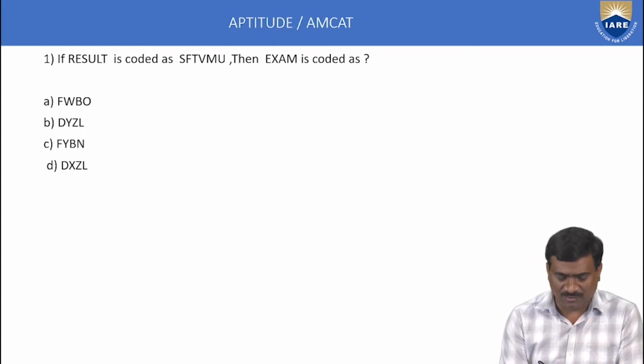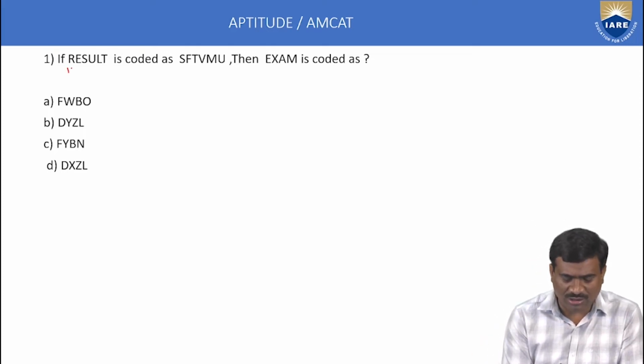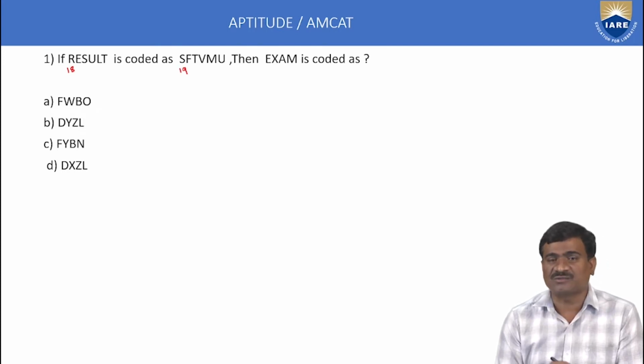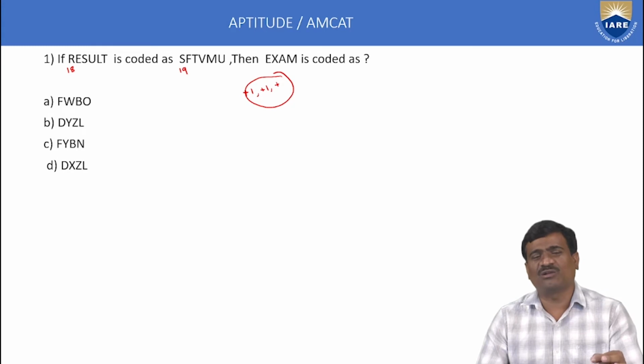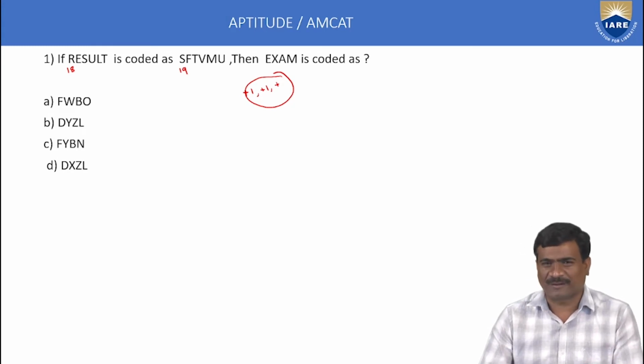First example method: here R is number 18, T is number 19, a plus 1 difference. Second, E to F, plus 1. Third, S to T, plus 1. Completing this problem, each letter is increased by only 1. This is the logic of the given statement.